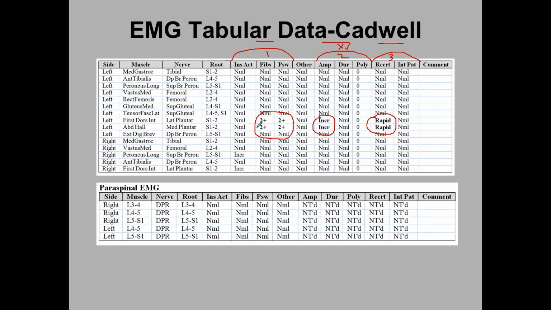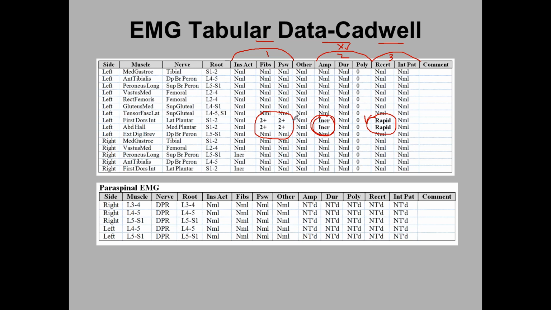Now, another way to say that might be to say that there is evidence of active and ongoing denervation, because we know now that because of the increased amplitudes and the rapid fire recruitment, this is axon loss pathology. We know it's not new. It's old enough that we've got large amplitude motor units.